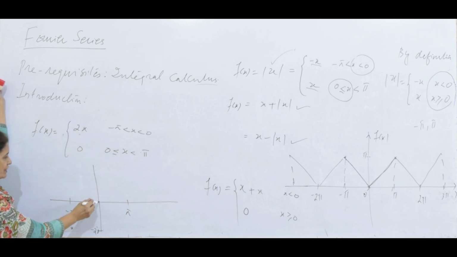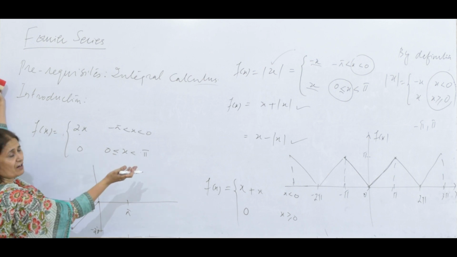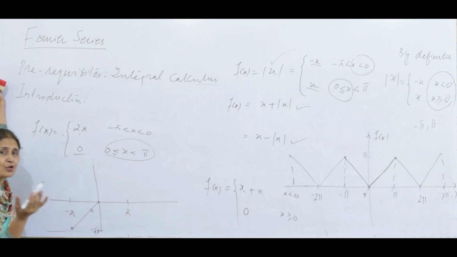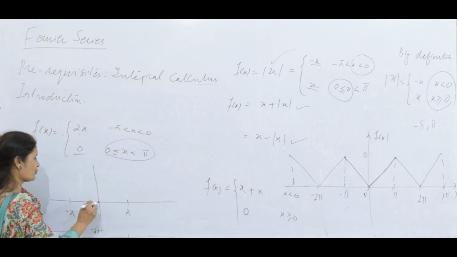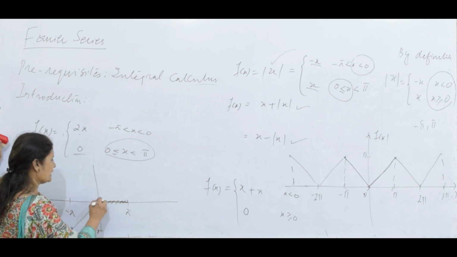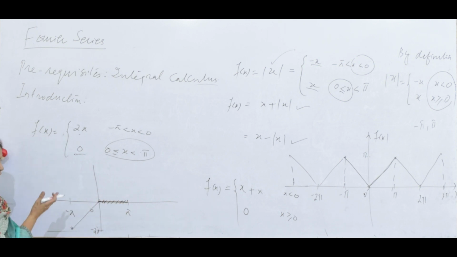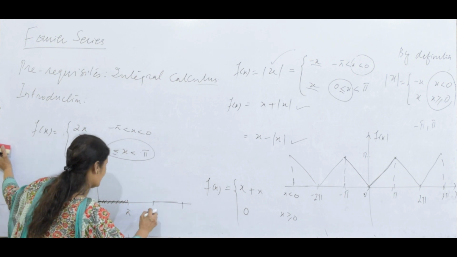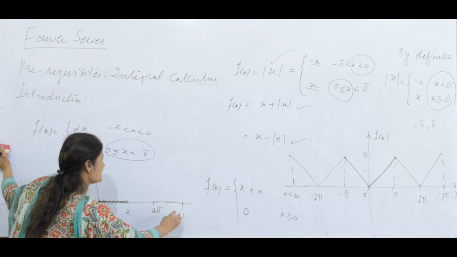Since this is a linear function, a straight line, and then on the right half of the interval, 0 to pi, the function is 0. For 0, on your notebook you can have a bold line there, or you can show it like this, which is 0. To show this function is periodic, again you are moving the same way. This is 2 pi, this is 3 pi.